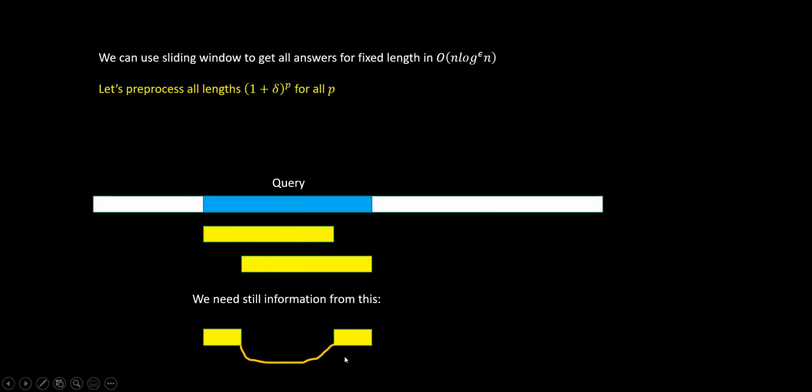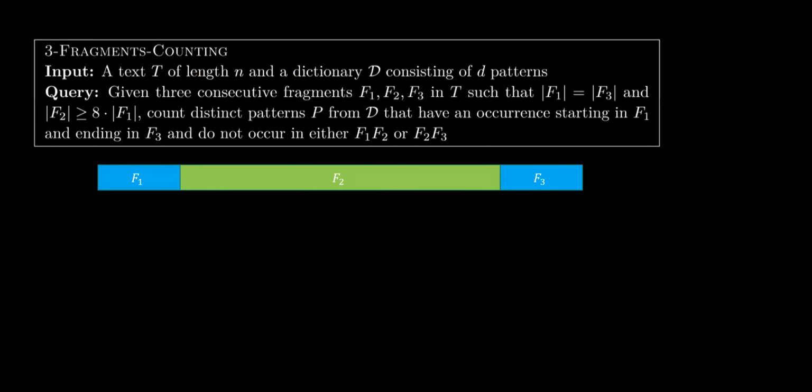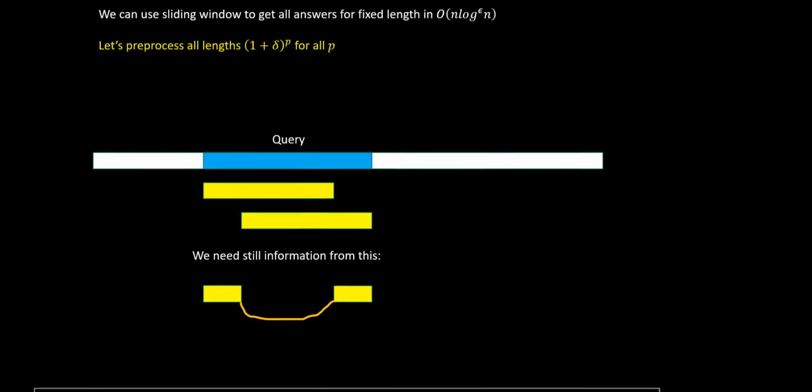And this is how we do this. We have the case that we would like to count all dictionary patterns that occur starting from F1 and ending on F3, but don't occur in any of these yellow intervals, because otherwise we will count them even more than we should.